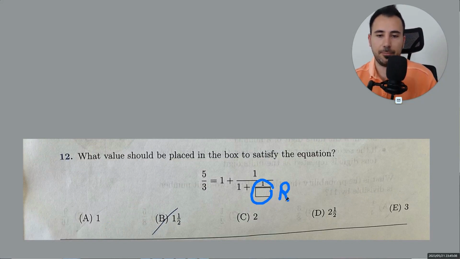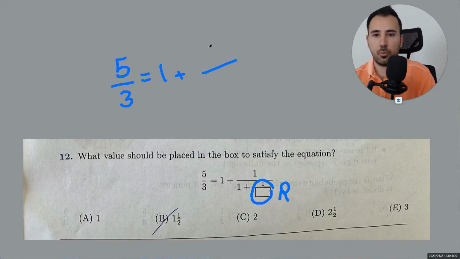So let's call it R. And then let's try to solve it. 5 over 3 is going to be the same as 1 plus 1 over 1 plus y. Okay. So you could add these two together, right? I wouldn't like to solve it like that.